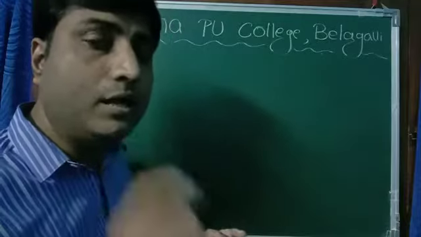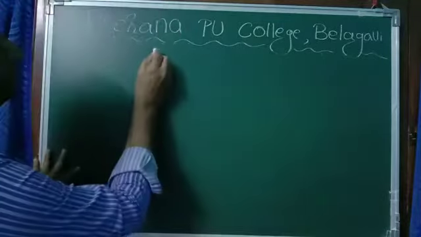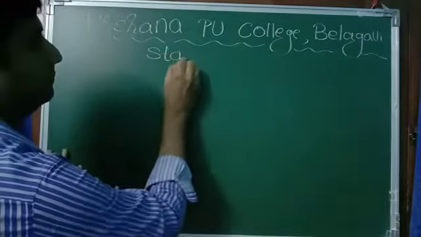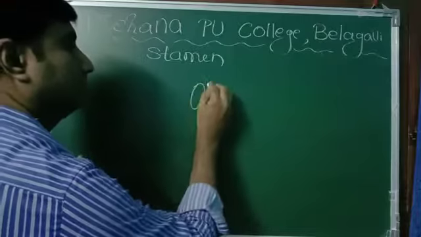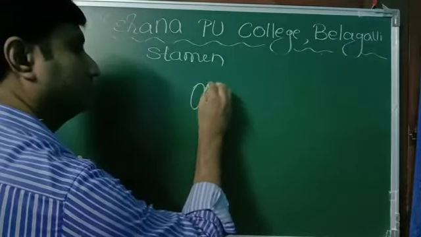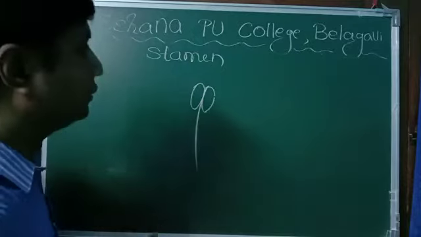Which is the male reproductive structure in the flower? Stamen. This is the stamen, the male reproductive structure.